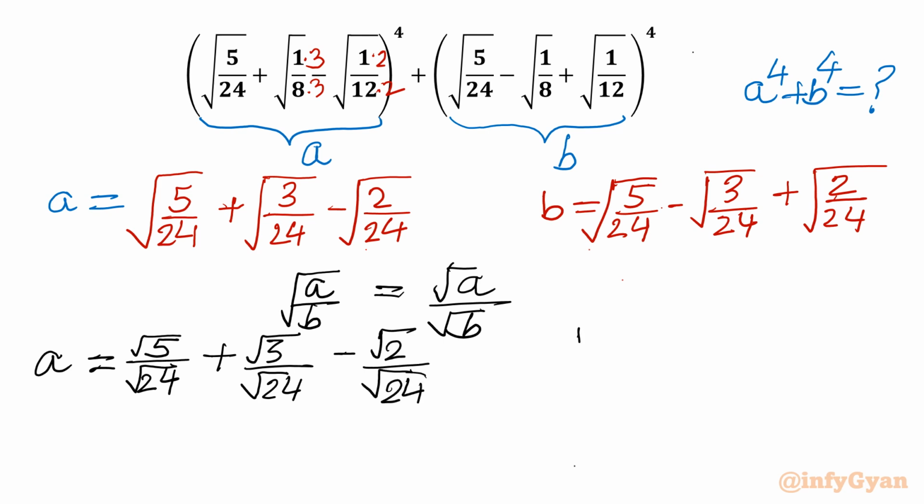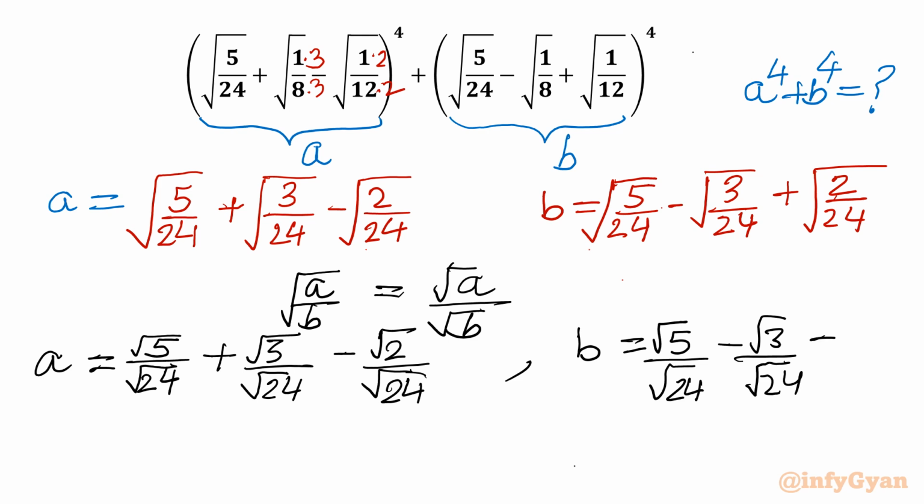For B also, we will be writing square root 5 over square root 24 minus square root 3 over square root 24 plus square root 2 over square root 24.